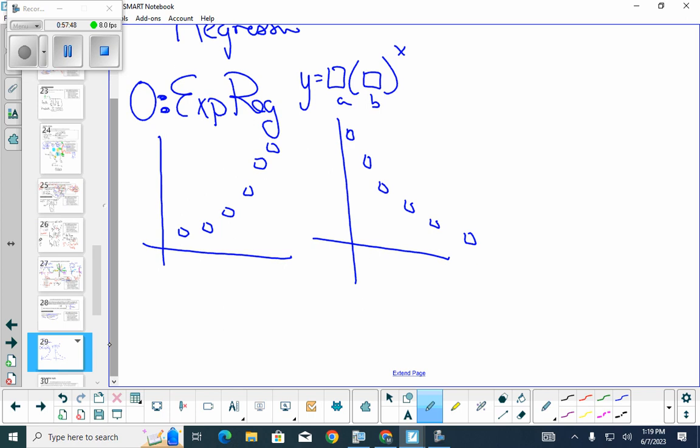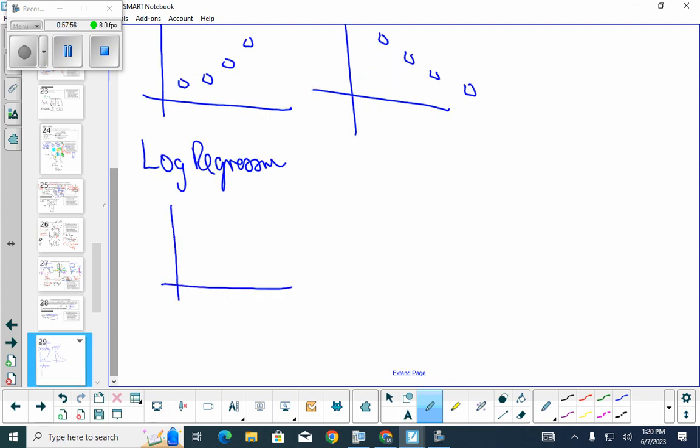If it asks you for a log regression, then the points will look like that or like that. And you pick letter 9.